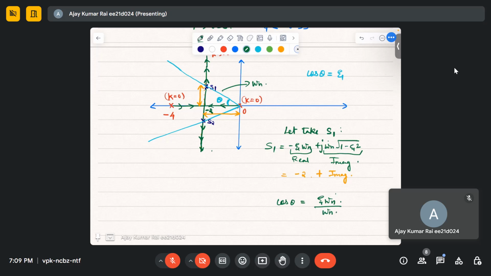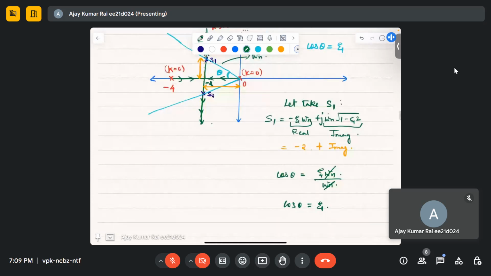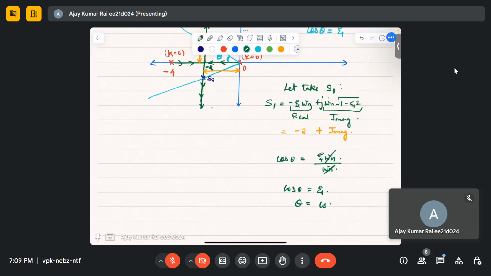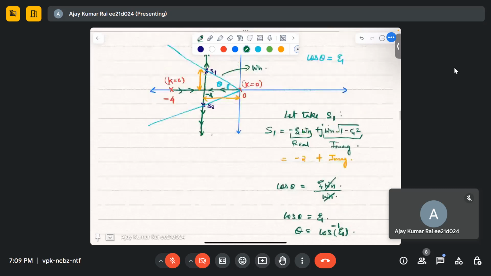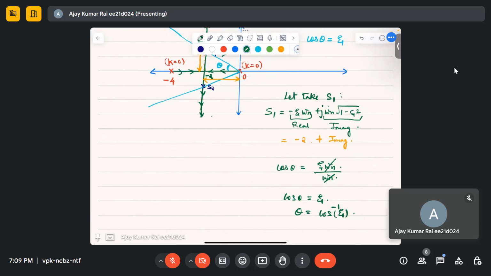So this is omega n. This is the direct formula, cos theta equal to zeta. That's how we get the value of theta. You'll get cos inverse of this, because if we get theta, we can get the imaginary part also.